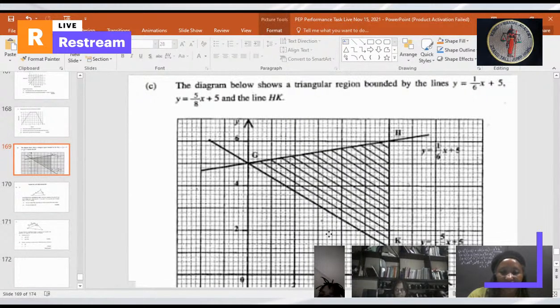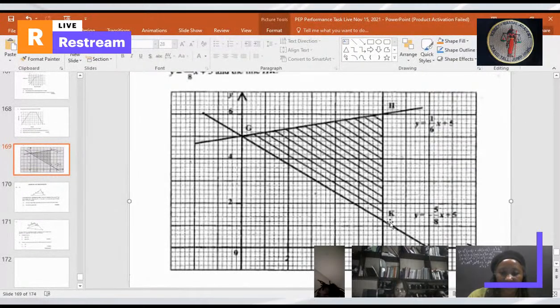So this is linear programming, right? Yes, miss. So it's bounded by this line, which is 5/8 x plus 5, this line, which is 1/6 x plus 5, and this line, which runs from H to K.